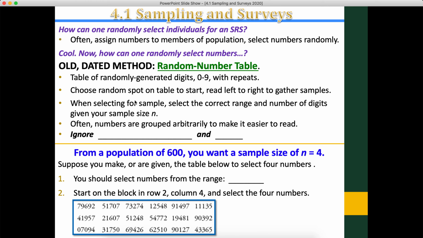So what we'd want to do if we were to use it for randomly generating a set of numbers is we would want to start at a random spot on the table, usually told to you, and then read left to right to gather our samples. A thing to note when selecting for sample, we should select the correct range and number of digits given your sample size n.